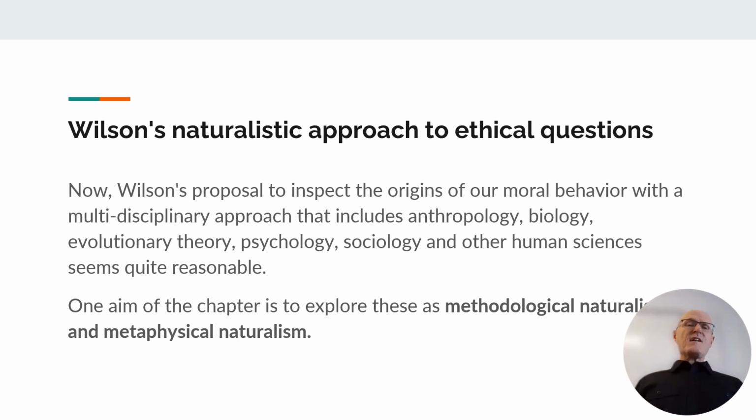And it's pretty clear that what E.O. Wilson would say about that is like, those religion departments and those philosophy departments should be eliminated. All the religion professors should be fired, and all the philosophy professors should be fired, because they're not doing science, and the only legitimate way to understand morality is by doing science.